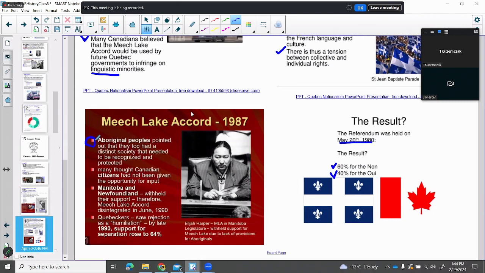Aboriginal people pointed out that if they were not recognized as a distinct society, then why was Quebec seen as a distinct society? Okay, so that was the inequality there. Many thought Canadian citizens had not been given the opportunity, so again, they were not consulted.